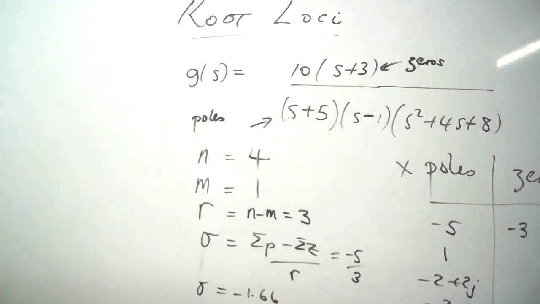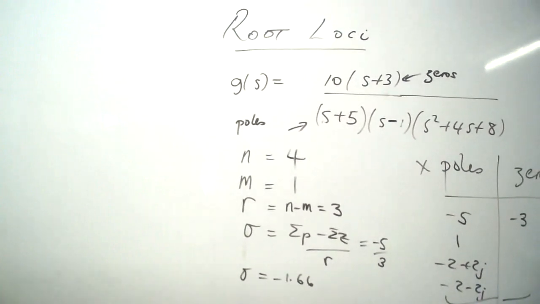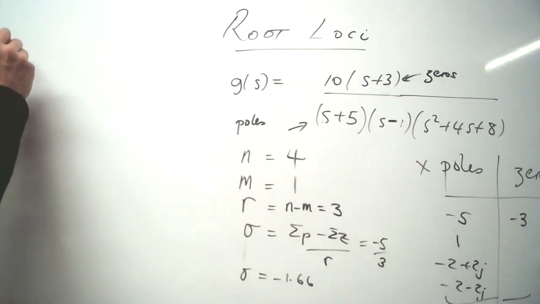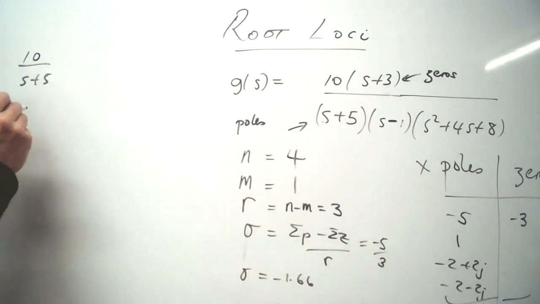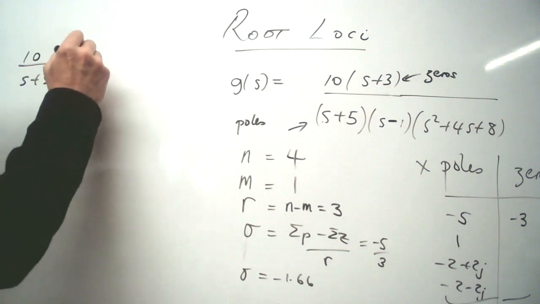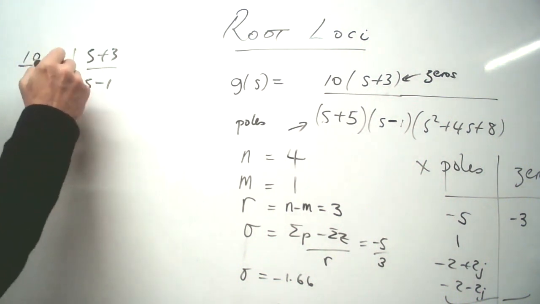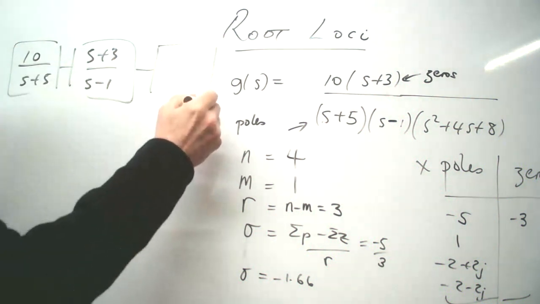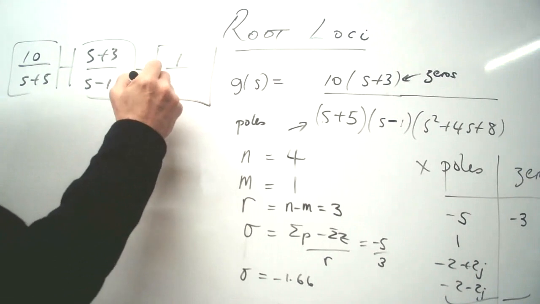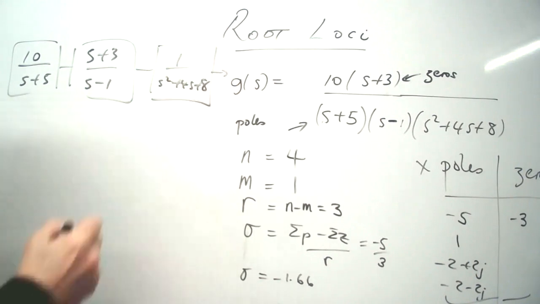But anyway, let's move to that actually. If we've got this function now, which you think of as 10 over s plus 5, and s plus 3 over s minus 1, and the last bit could be 1 over s squared plus 4s plus 8.